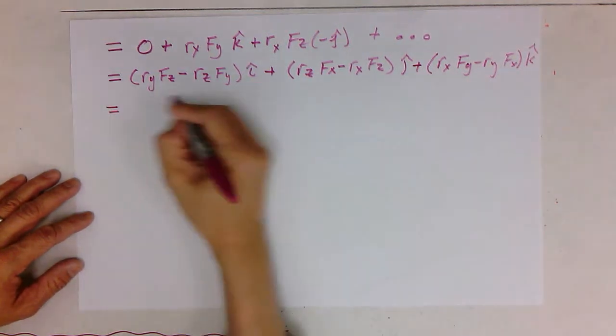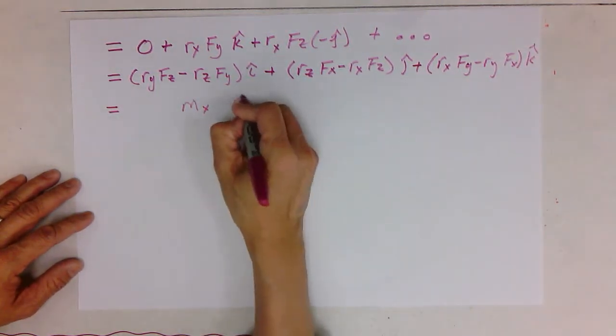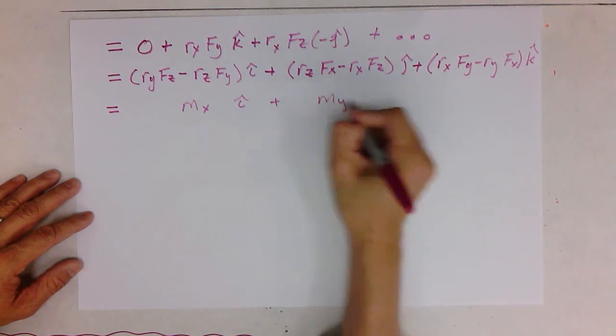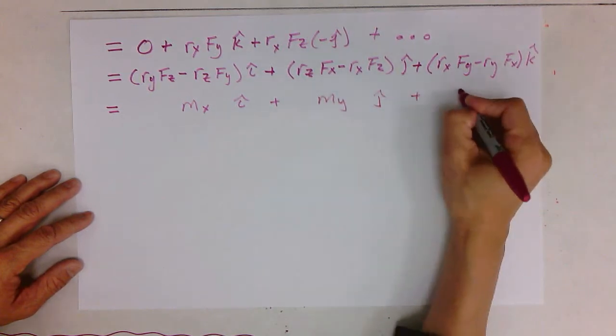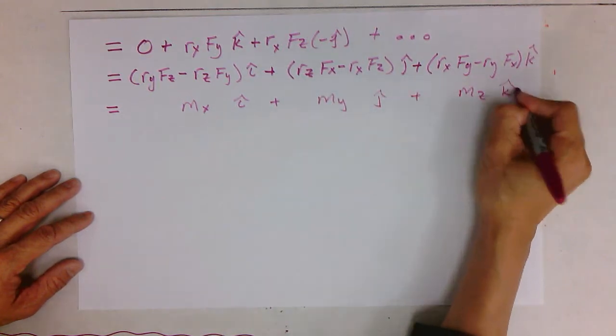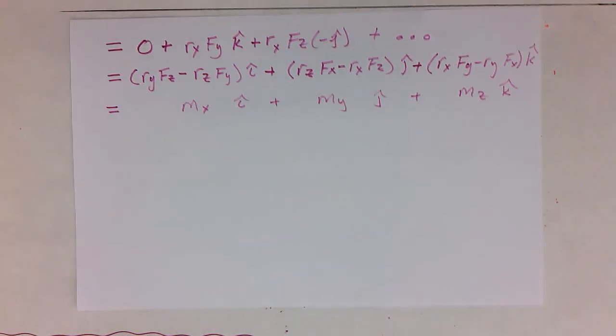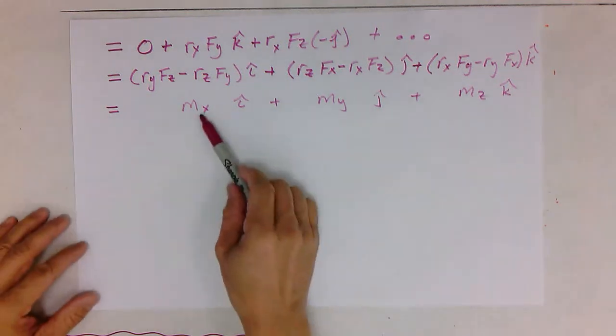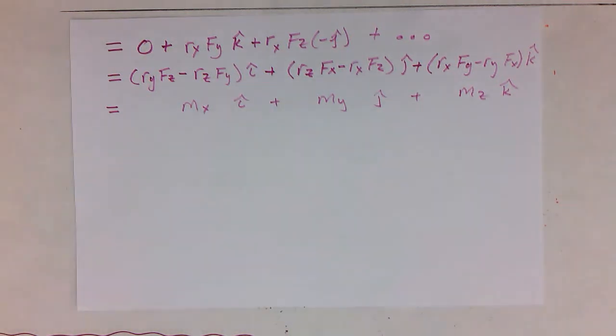So these are the components of the moment. The moment is a vector in the x, y, and z direction. Okay. Now I'll show you a way to calculate the magnitudes, which you can use to calculate the components of the moments. That may be easier to use depending on your geometry.